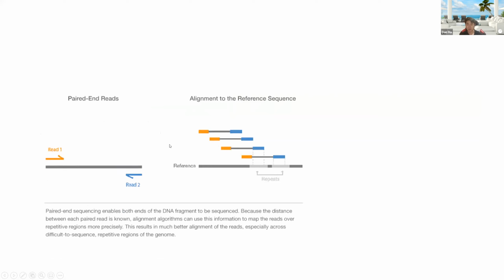A little bit about paired ends. Paired end means that you sequence the read in both directions, one with the forward end and one with the reverse end. There are some overlapping regions between the forward and the reverse reads.